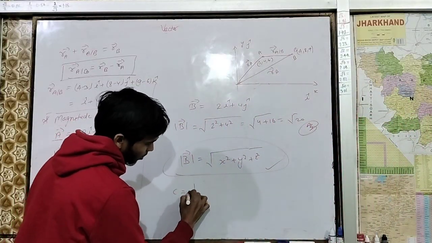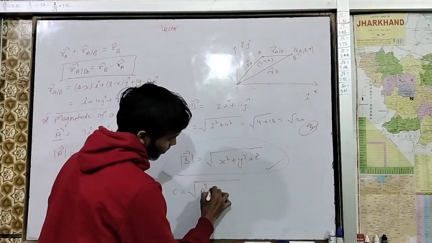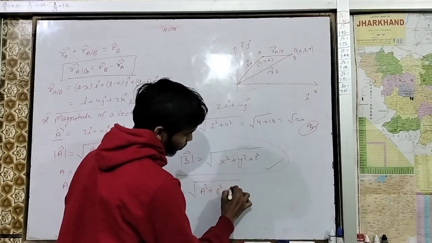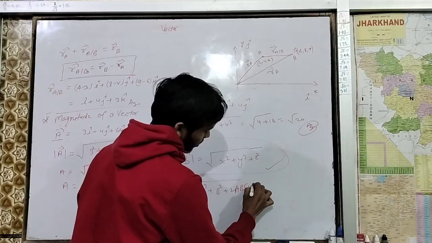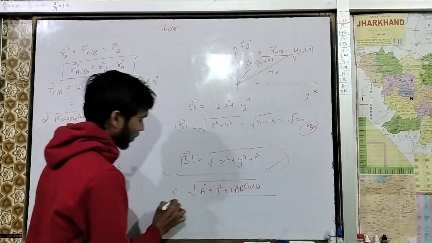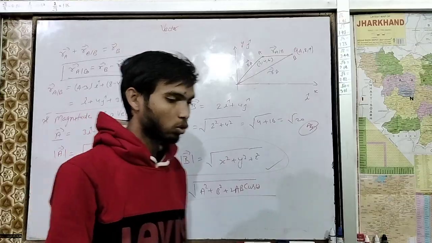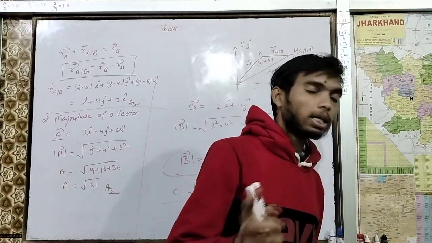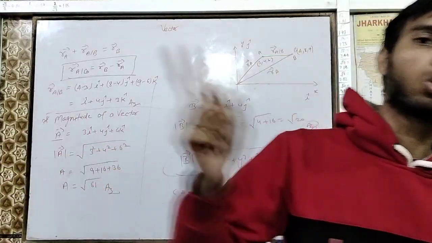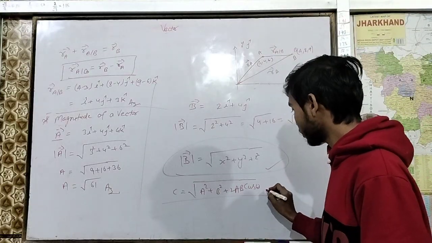C equals the square root of a squared plus b squared plus 2ab cos theta. It is used when we have two vectors, in the discussion of addition of two vectors.